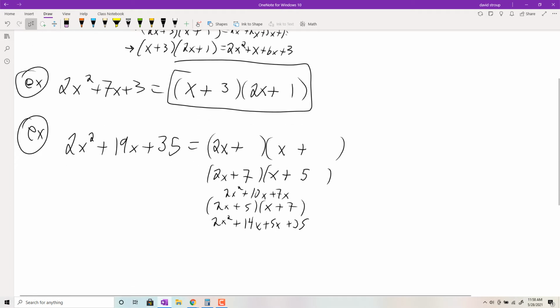I mean, there are other possibilities. You could go 35 and 1, but 35 and 1 would never give you that 19 in the middle. So it's almost like magic, but you'll have an intuition about how to factor these once you get enough practice. Right, so this would be 2x plus 5 and x plus 7.